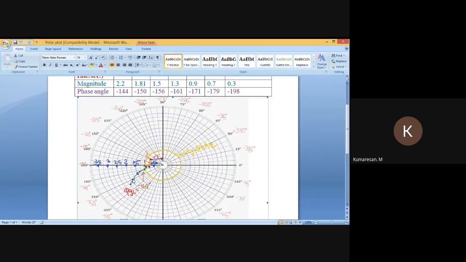1.81 is here, then minus 150 degrees. You just have to mark the 150 degree line exactly. That is the second value.